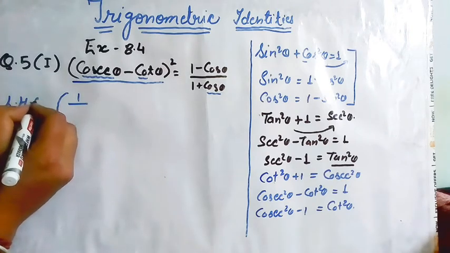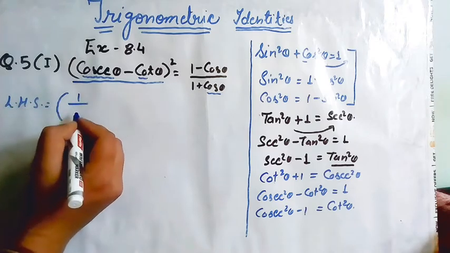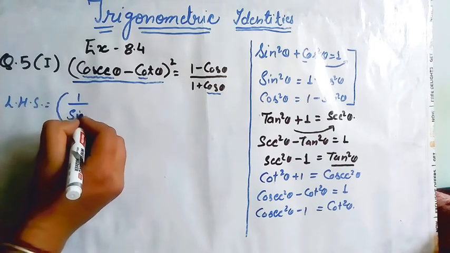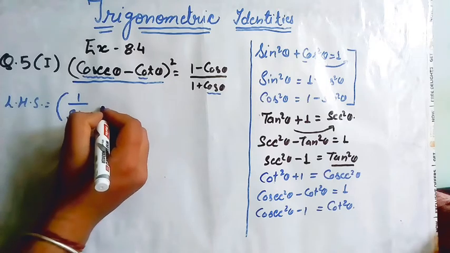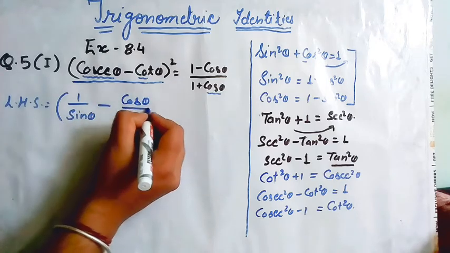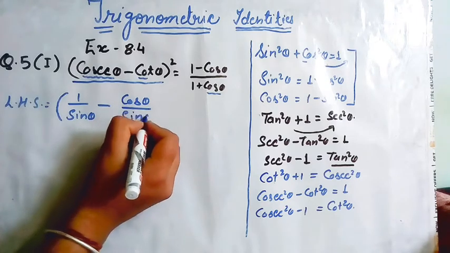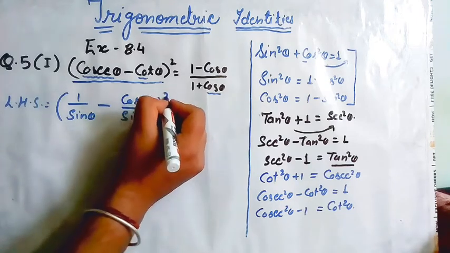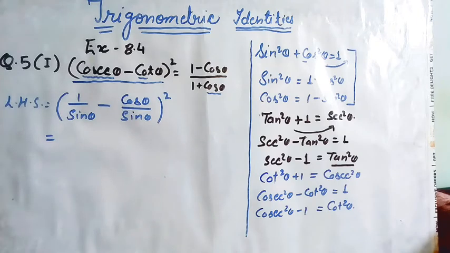So we know that cosecant theta can be written as 1 upon sin theta minus cot can be written as cos theta upon sin theta whole square as it is. Remember, we are taking left hand side only.